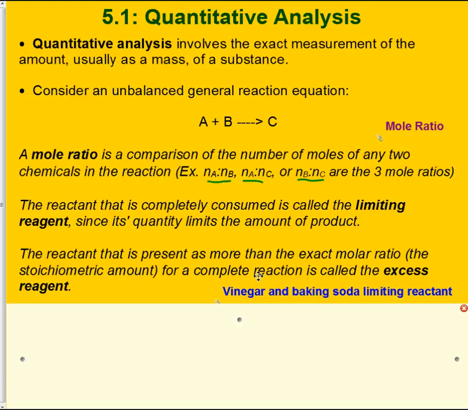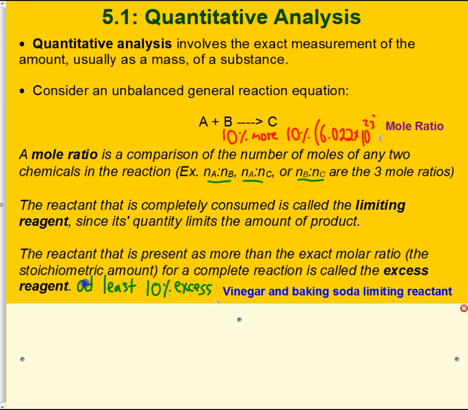The excess reagent, usually a good rule to work with for excess reagent is you want to have at least 10% excess. In order to ensure that the limiting reagent is entirely consumed, we want to have at least 10% more than what we actually need for the excess reagent. Now that doesn't sound like a lot, but when a mole is Avogadro's number of particles, if we have 10% more of, let's say, B, we have 10% times potentially Avogadro's number of particles if it was a 1-to-1.